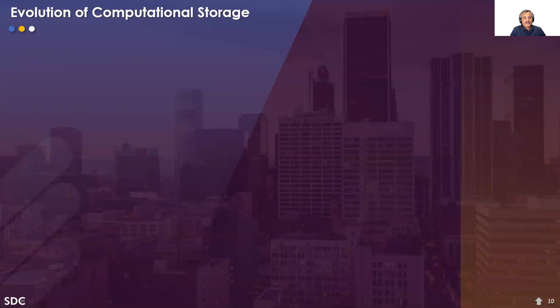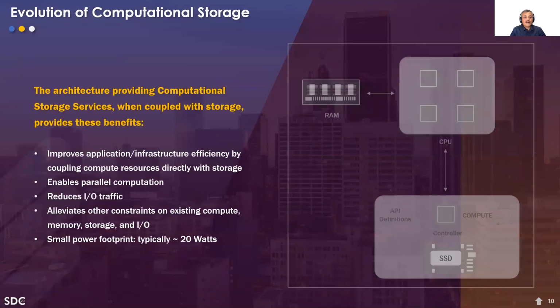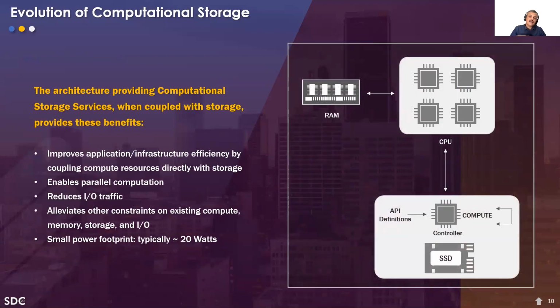So next, what they did is they bring the compute inside the storage, so the compute is residing within the SSD. Within the SSD we have something called a controller. So the compute now resides inside the controller itself, or side by side.